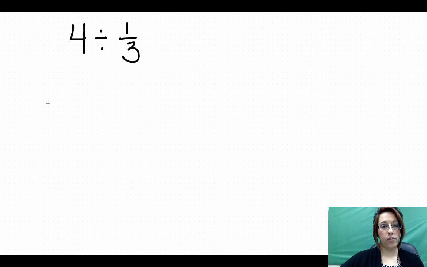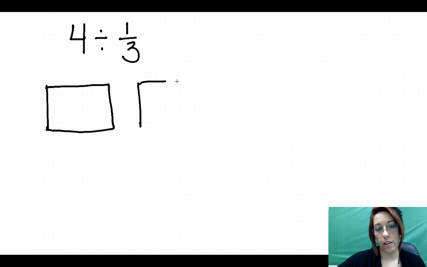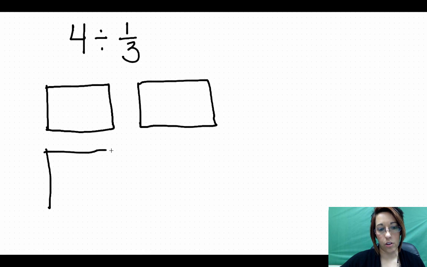Okay, so let's go ahead and look at another example. Here we have 4 divided by 1/3. So in order to make models to solve this problem, we would need 4 wholes. Doesn't matter if we use circles or rectangles, we just need 4.